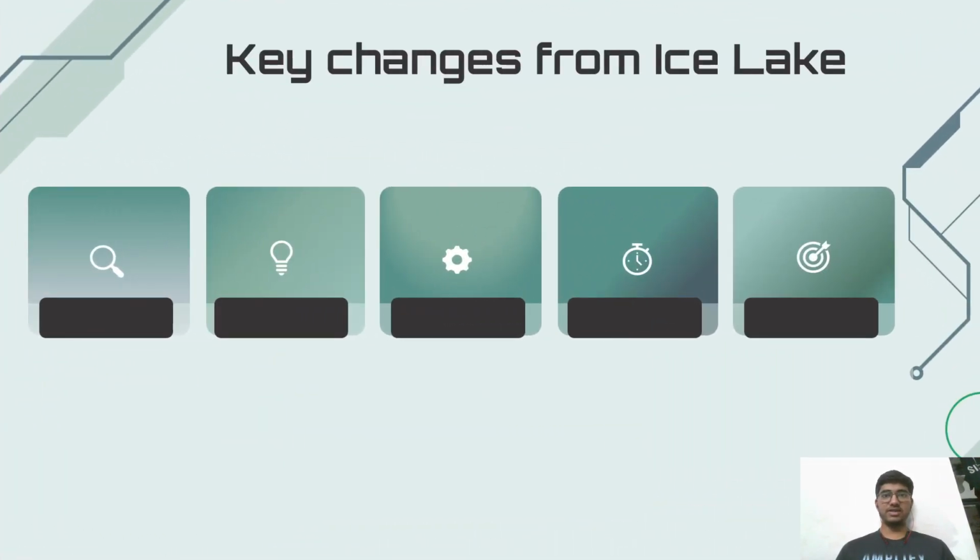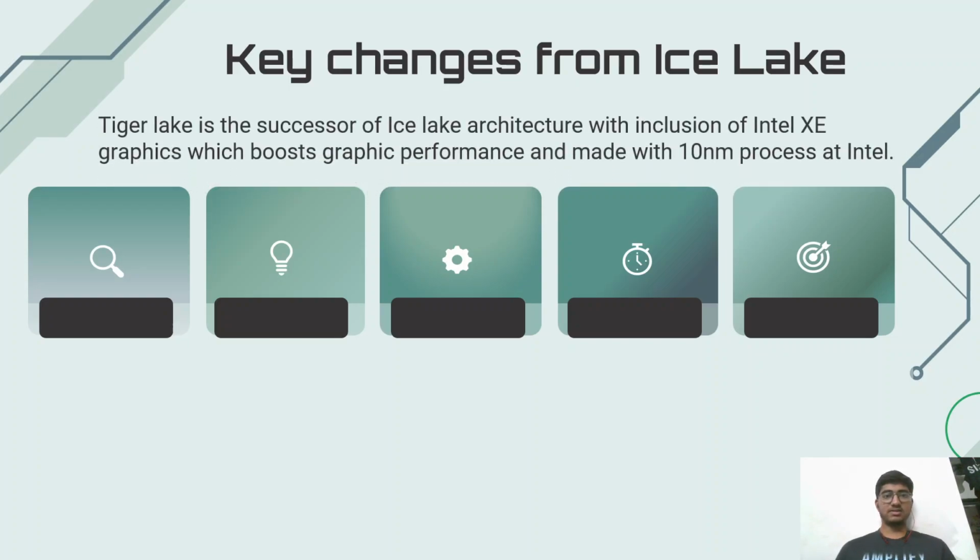So here are the key changes from Ice Lake. Tiger Lake is the successor of the Ice Lake architecture, inclusive of Intel Xe graphics, which boosts graphics performance, and made with a 10 nm process at Intel.